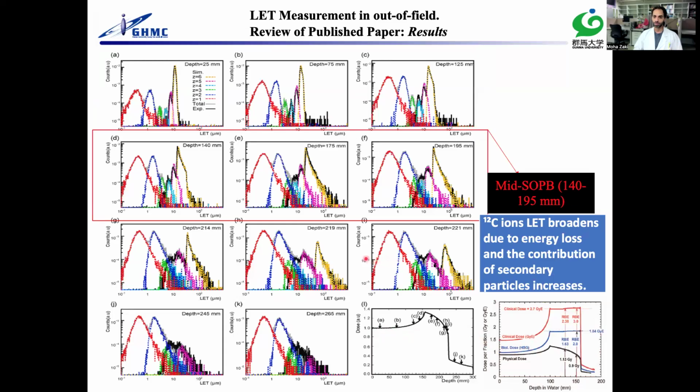At the mid of the spread out Bragg peak, from 140 to 195 millimeters, the carbon ion LET starts to get wider due to losing energy. So carbon ions start to lose energy, so LET becomes wider here.